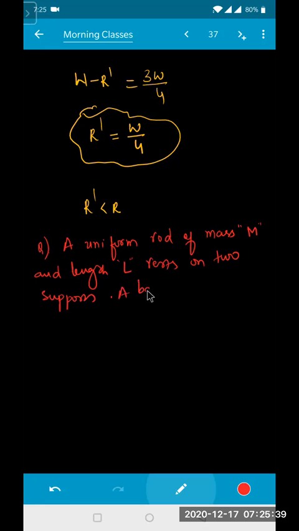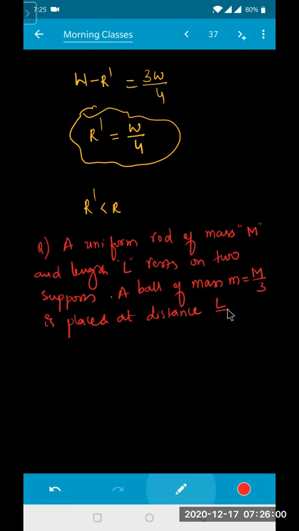A ball of mass small m is equal to capital M by 3 is placed at a distance L by 8 from the center, as shown.